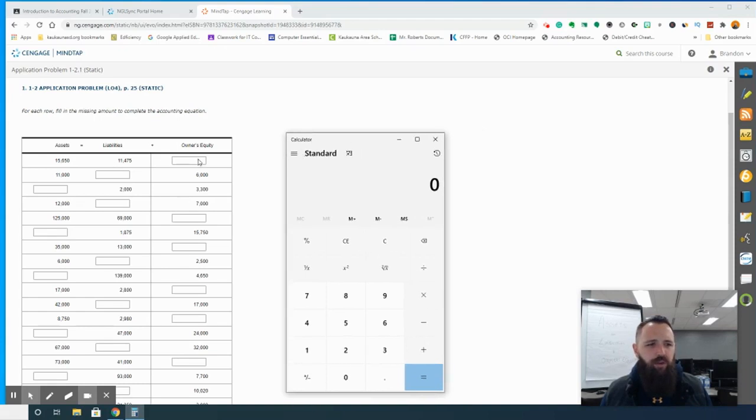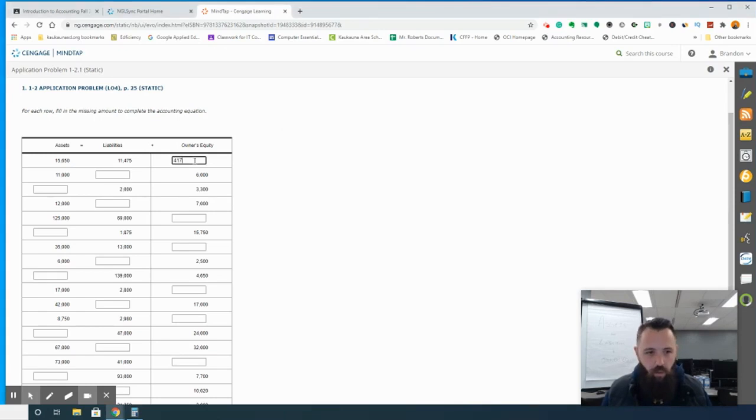So let's jump into it real quick. If assets equals liabilities plus owner's equity, and we're missing owner's equity here, we need to figure out what 2 numbers add up to become assets of $15,650. Well, let's do $15,650, and we'll subtract the liabilities because it'll give us the difference of $4,175.